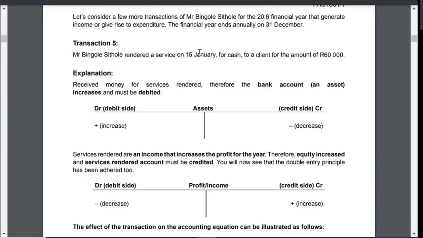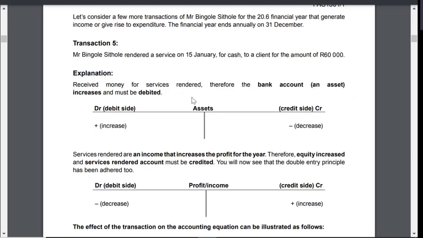Money has come into the business, so an asset will be affected. The two accounts will be income, which is service rendered, and bank account. Bank account because money was paid in cash. Income and bank, okay.